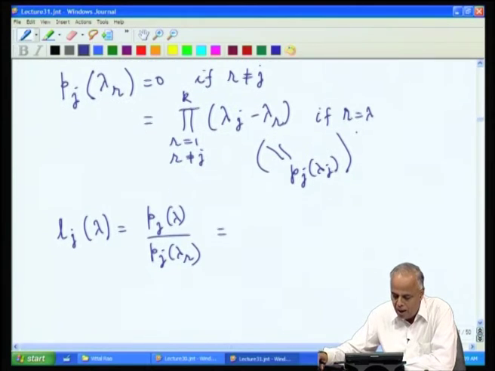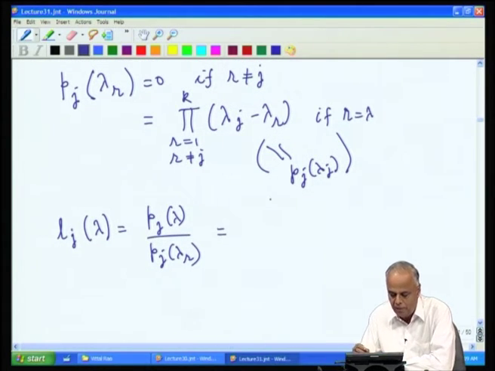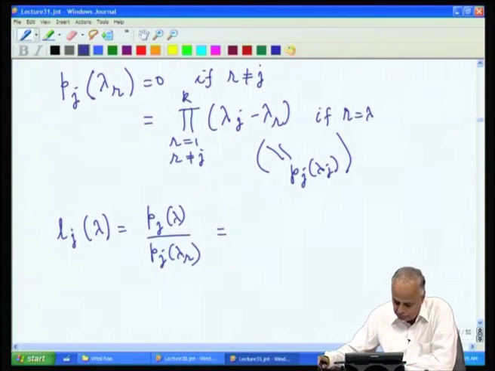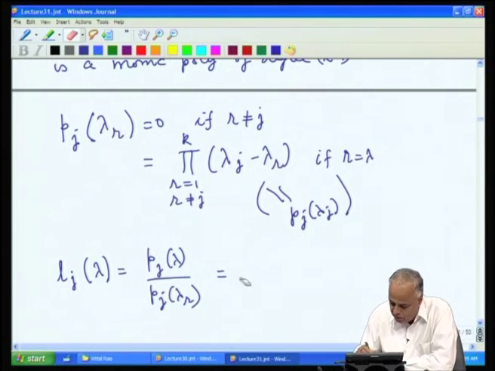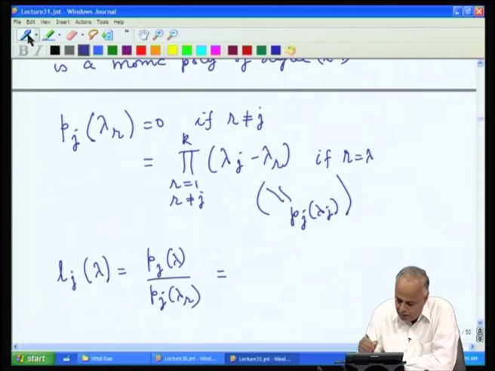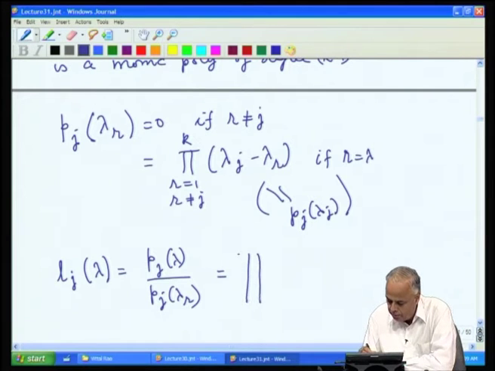P j of lambda j is just this polynomial where we evaluate it at the point lambda j. So, what does this become? We know that this has all the factors, so let us write it in the factor form. This is nothing but the polynomial, the product over r equal to 1 to k.